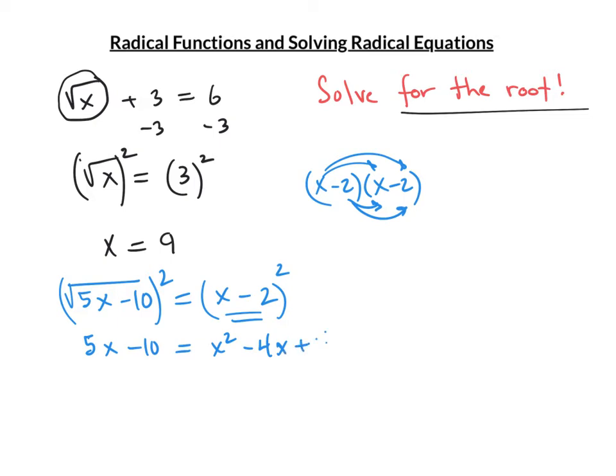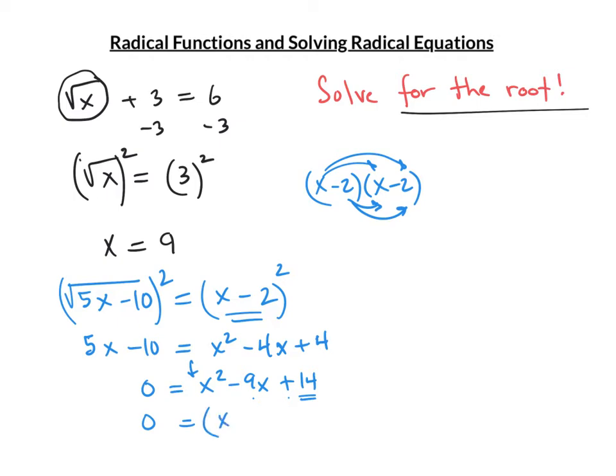This is a quadratic. What you need to do is get it equal to 0. 0 equals, we'll subtract 5x, x squared minus 9x, and add 10 to both sides, plus 14. Then what we need to do is find factors of 14, since there's no number in front, that add to -9.